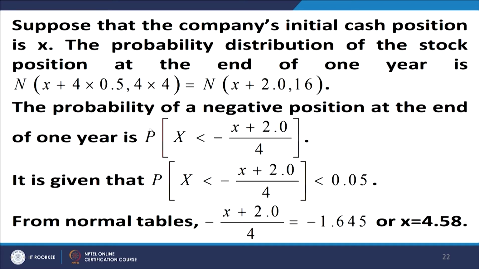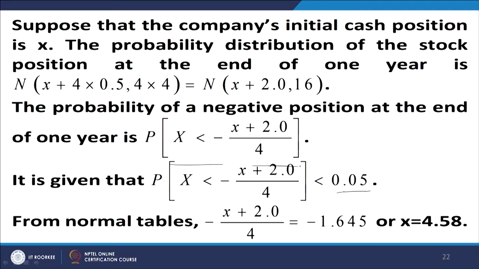So, the final position will be normally distributed with a mean of x plus 4 into 0.5, that is x plus 2, and a variance of 4 into 4, that is 16. In other words, what we want is that the probability of bankruptcy should be 5% or less.